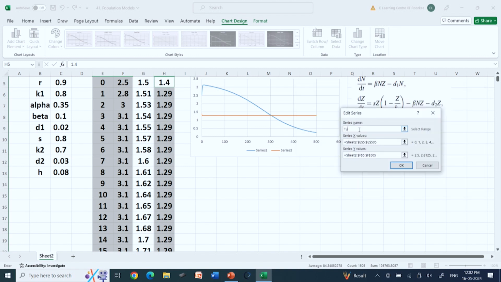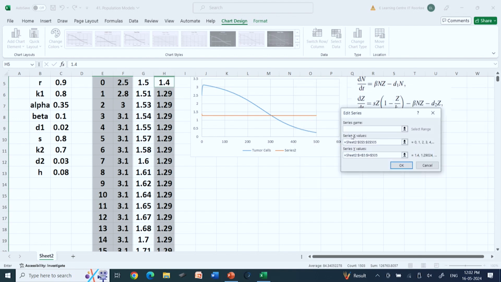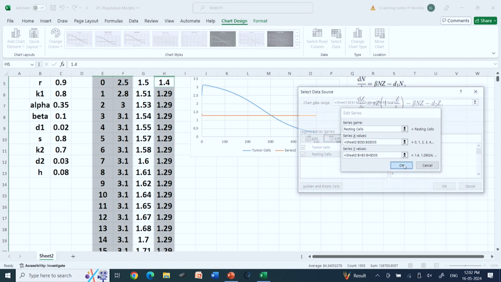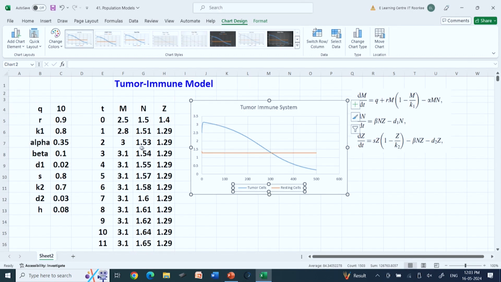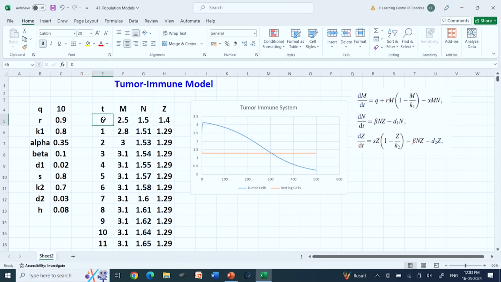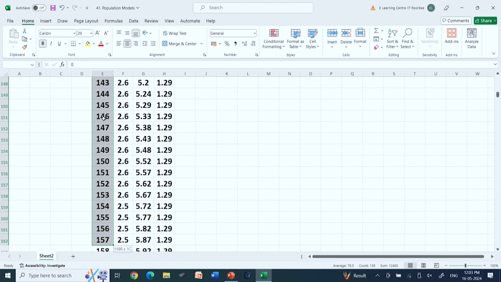So, this is tumor cells and this is resting cells. Okay. And next we get the time and the hunting cells.